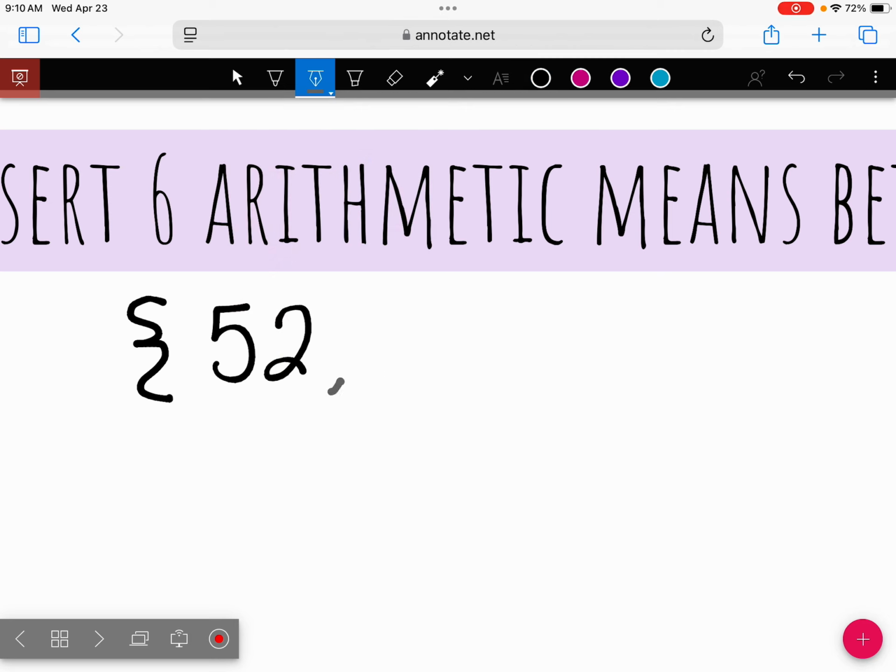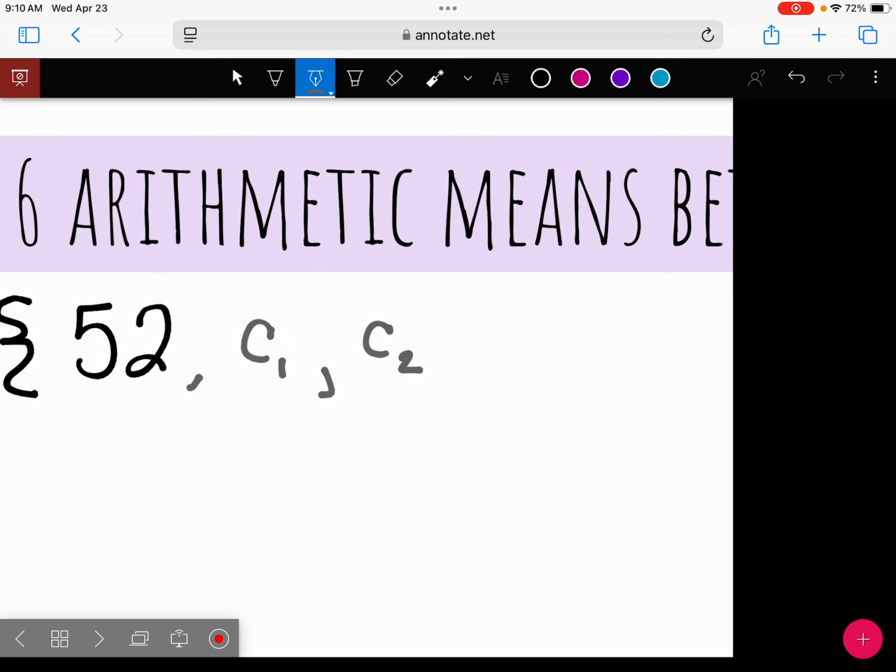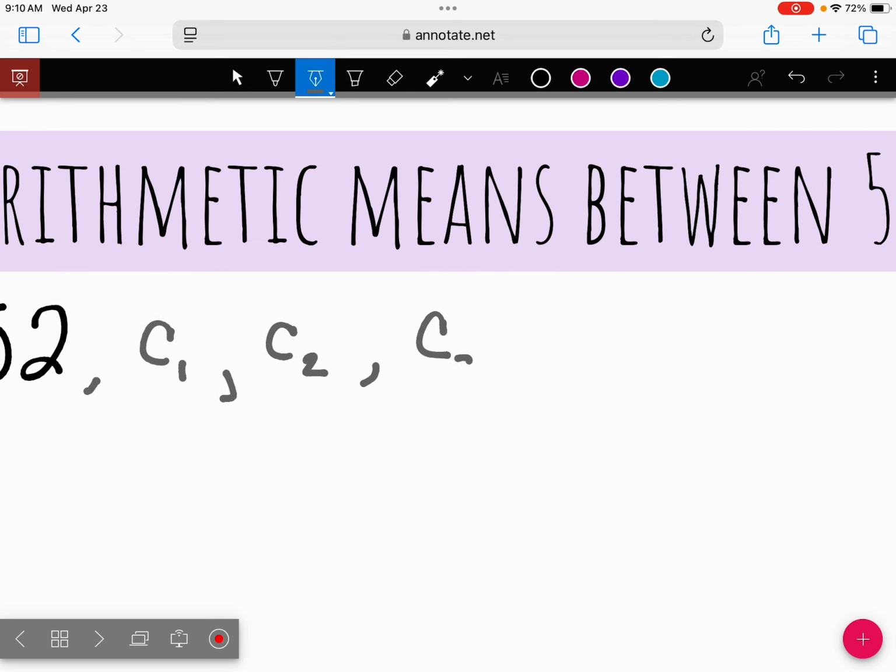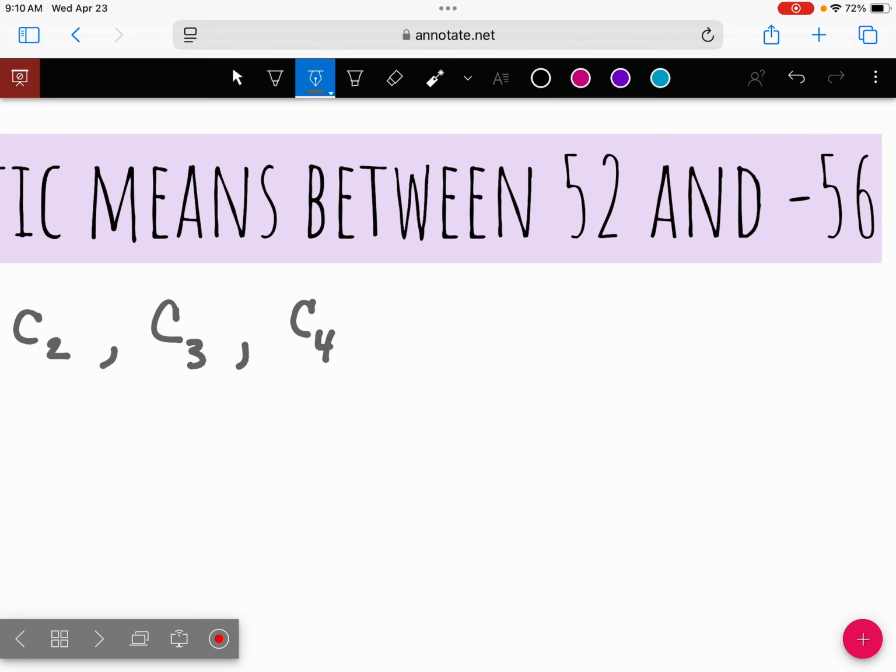So we're going to have our C1 and C2 and C3 and C4, boom, and C5 and C6. So we're doing 6 of them. That is one reason I do sometimes recommend doing it as the sub numbers, is it's easier to keep track than if I did A, B, C, D, E, F, G. Because then we have our negative 56.